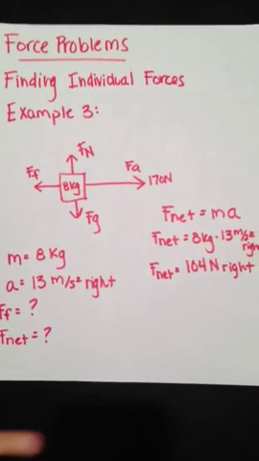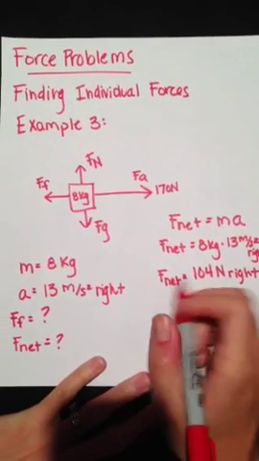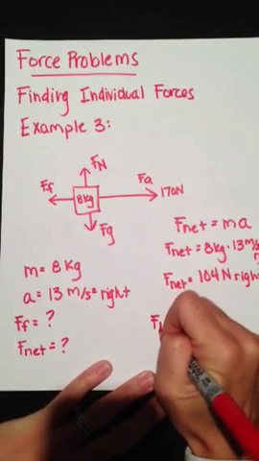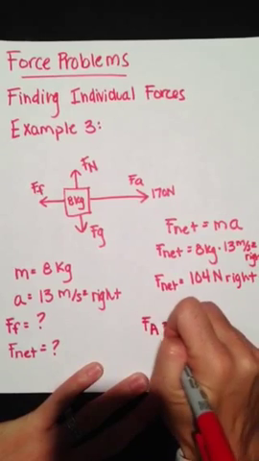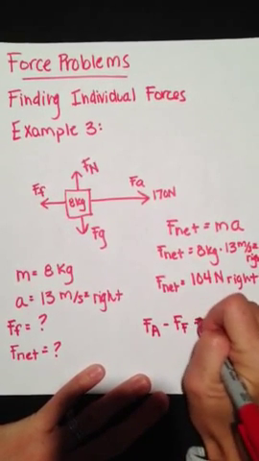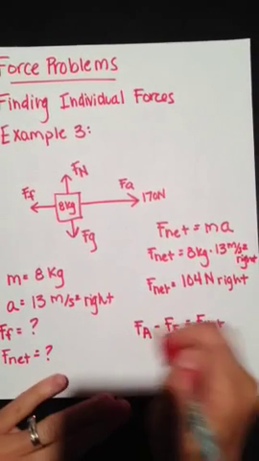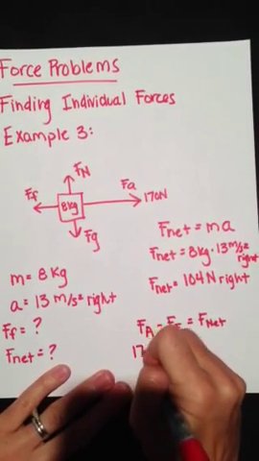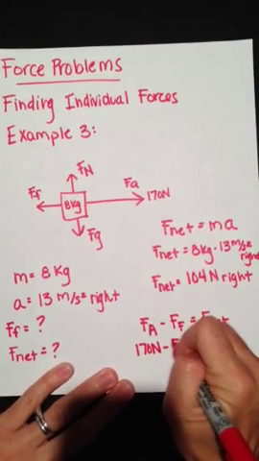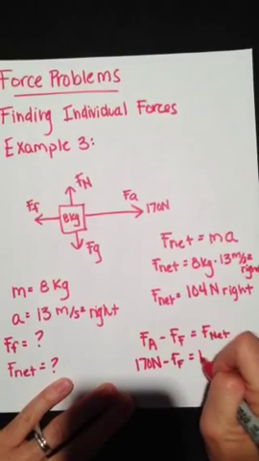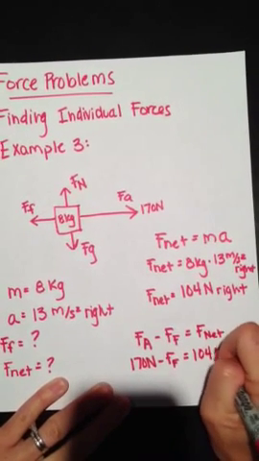So if I do this, I can set up an equation. I know my force applied minus my force of friction needs to give me my net force. Okay, my force applied I know is 170 newtons. I don't know my force of friction, but I do know my net force based on my equation is 104 newtons.